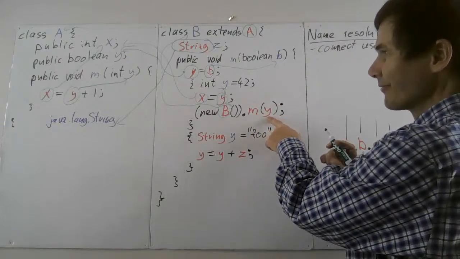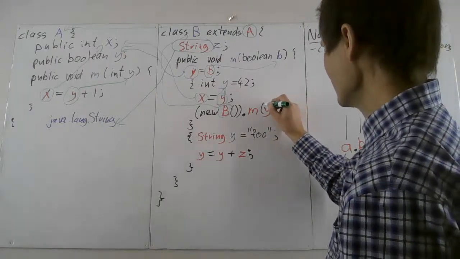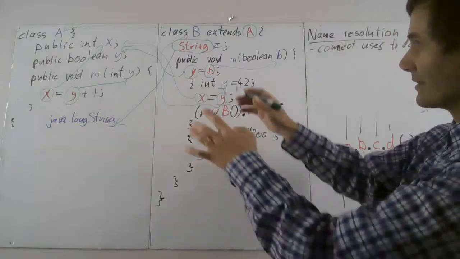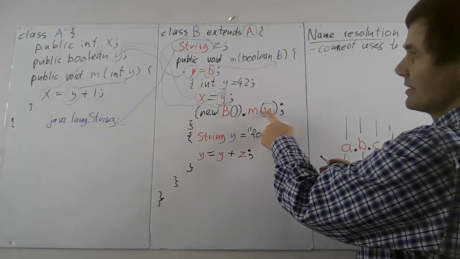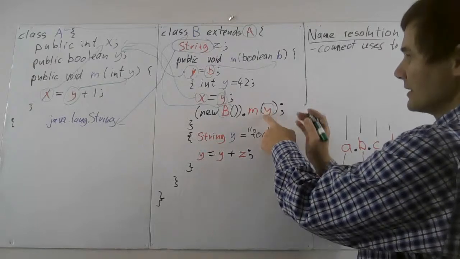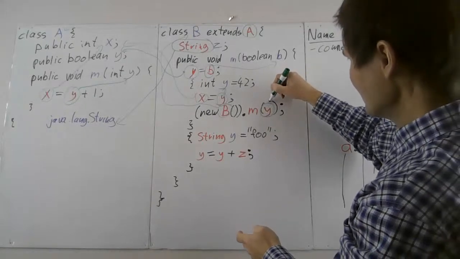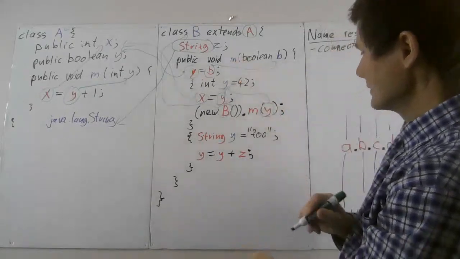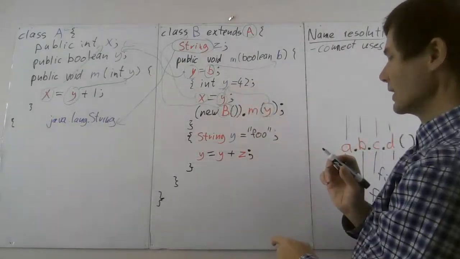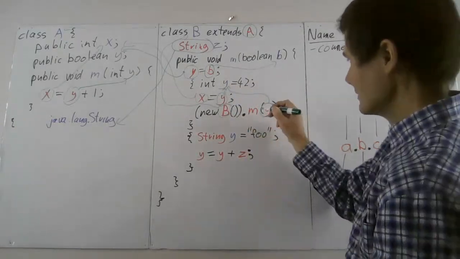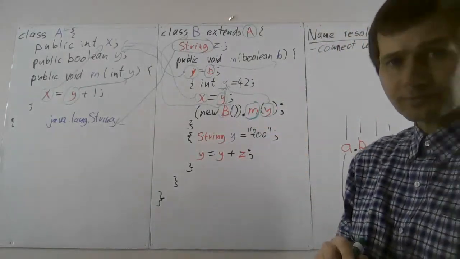I need to actually first figure out what this Y refers to, all right? So this Y, again, there's like 4 Y's here. So which Y is this? Well, it's the closest Y, and the closest Y is this one. Okay? So this Y is this Y. So what about M, right? What does this name M refer to?